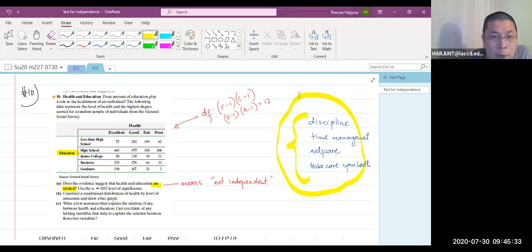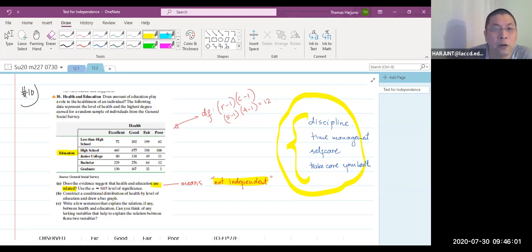Now, that's the hypothesis that they try. I didn't purposely pick this question for that reason; I just happened to pick it. But I think it's quite interesting that you will see later on that the result is actually quite good. It is not independent. We can say that the higher your education, the more likely you are in better health.